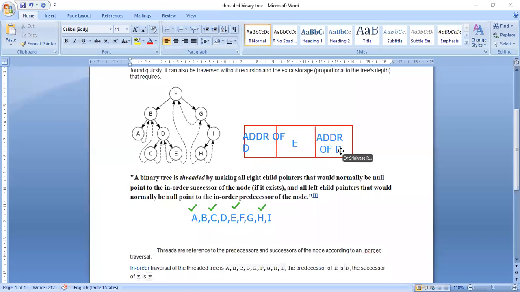So I write the address of F. So if you take the leaf node E, the predecessor is D, and I have written the address of D in the left address pointer. The successor is F, so I have written the address of F in the right address part. Okay. Now consider H.